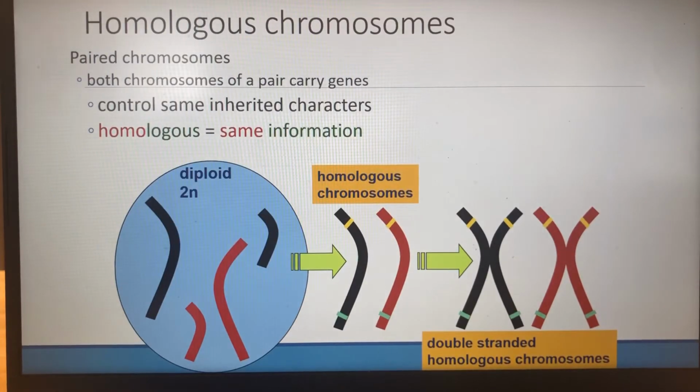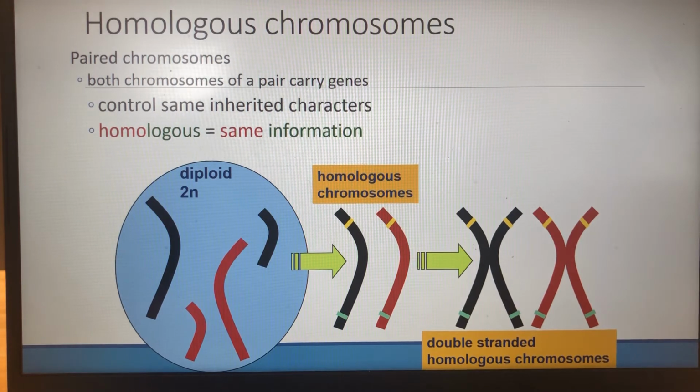All right, homologous chromosomes play a big role in meiosis. The point of meiosis is to separate these, right? You've got 2 copies of every gene. Your mom, let's say chromosome 1. This isn't true, but you've got the eye color on it. Your mom gives you a gene for eye color. Your dad gives you a gene for eye color.